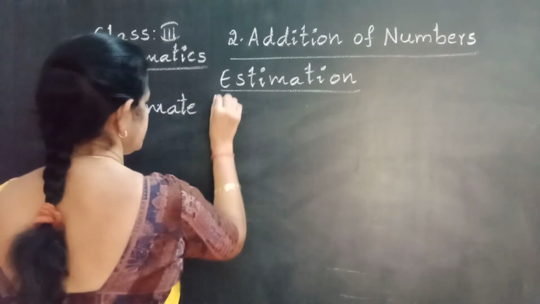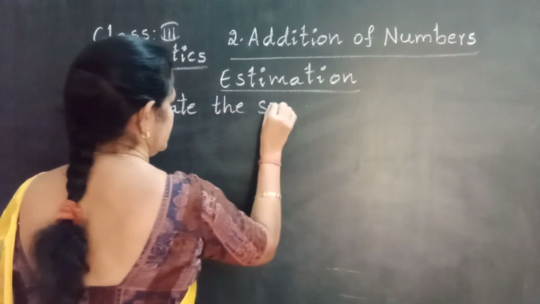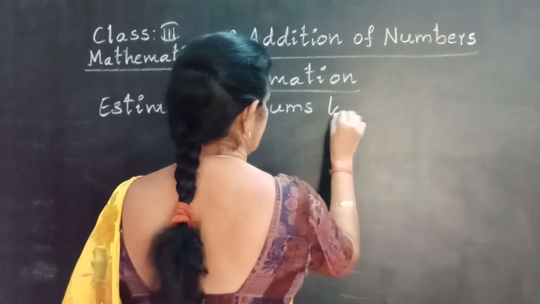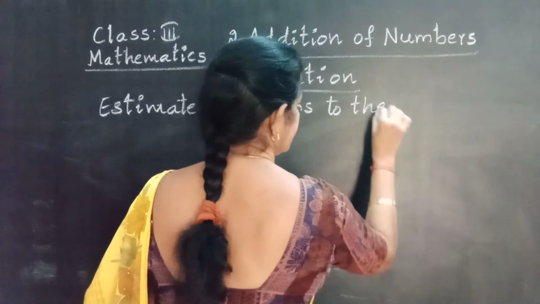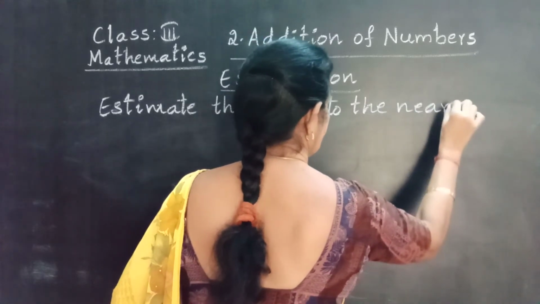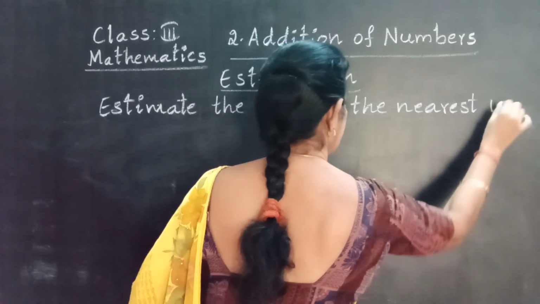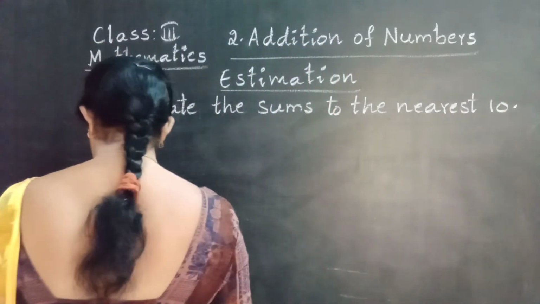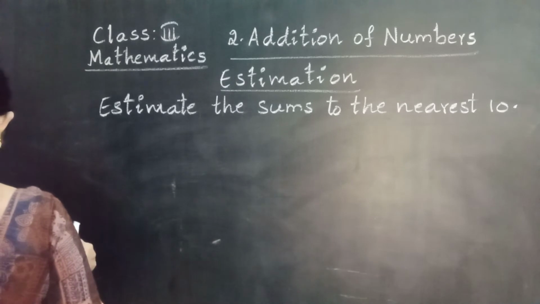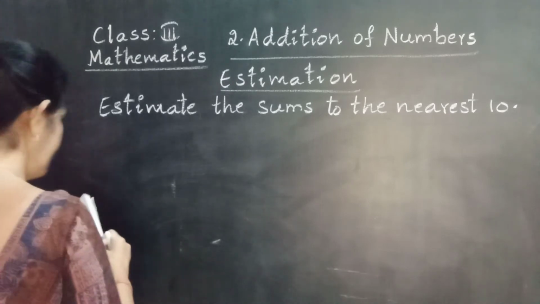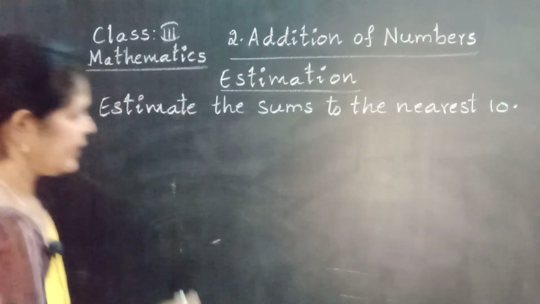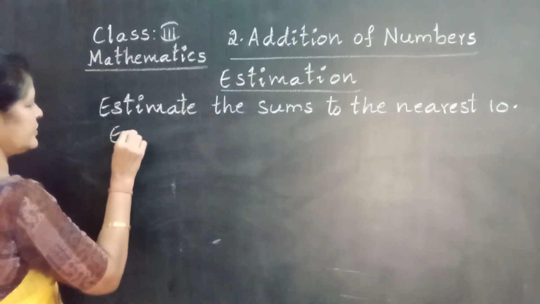Here we are going to find out the estimate of the sum by rounding the given numbers to the nearest 10.